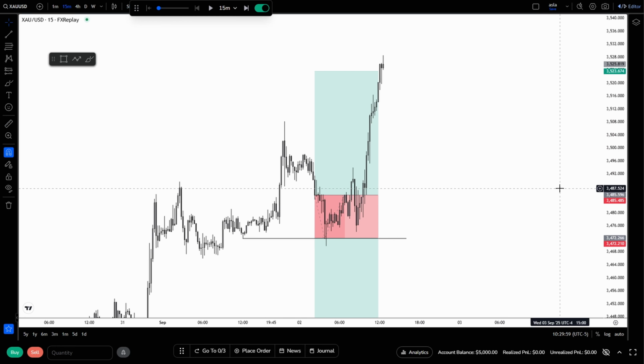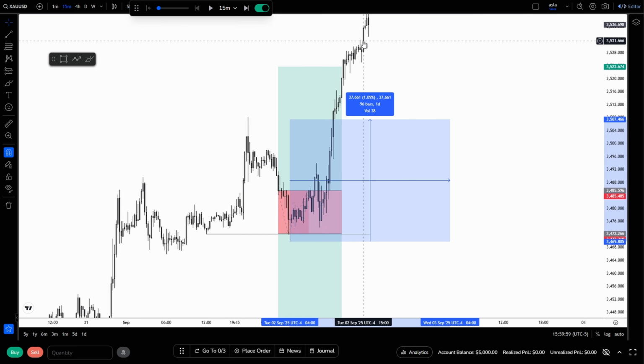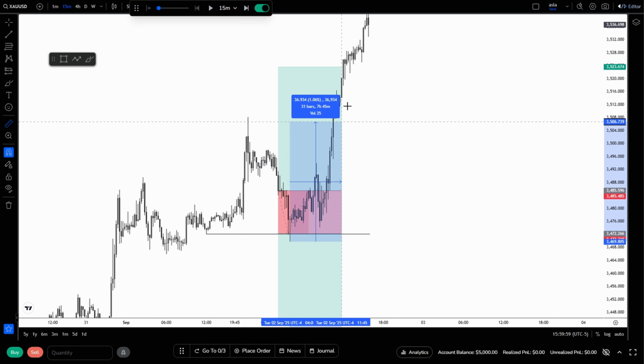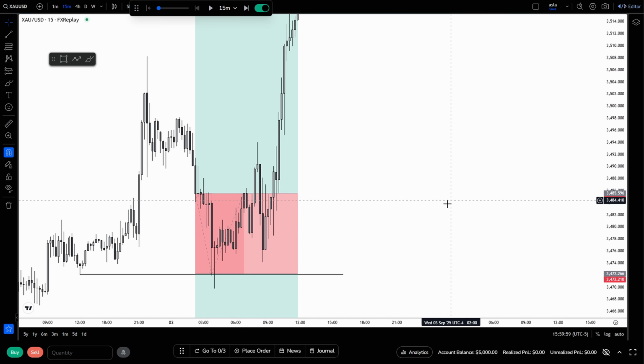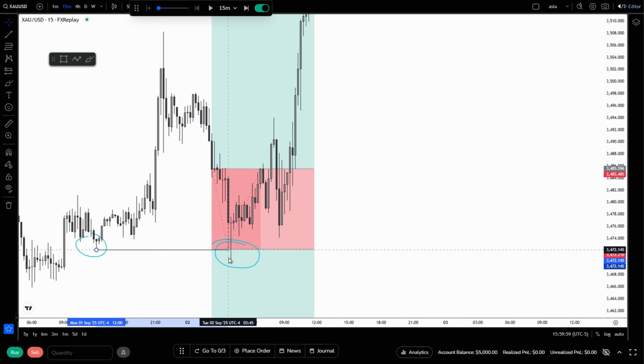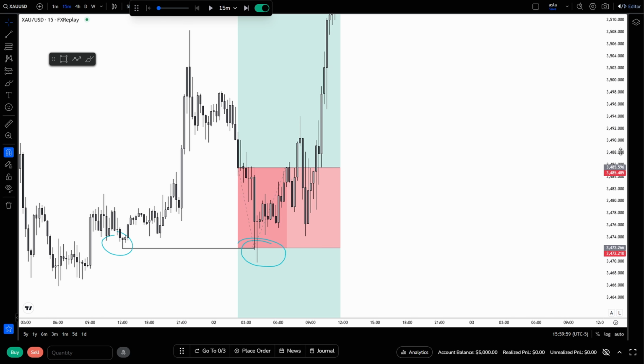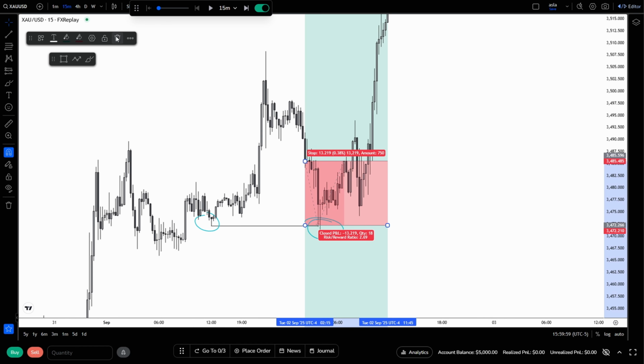And that's why you often see price shoot higher very quickly after this type of move. This is what we call a liquidity sweep. Price dips below an obvious level, collects the liquidity resting there, and then uses that fuel to continue moving in the original direction. That's why learning to identify these areas is so important.